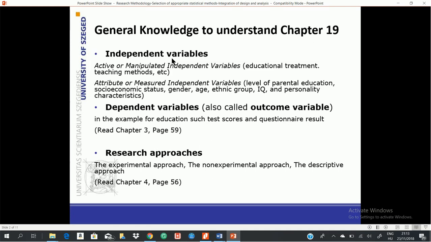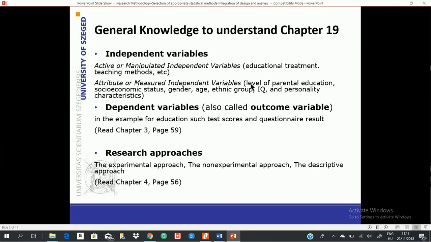Independent variable, I think you already know, consists of active independent variable like educational treatment or teaching method, and the second is attribute independent variable: level of parental education, socioeconomic status, gender, age, ethnic group, IQ, or personality character.